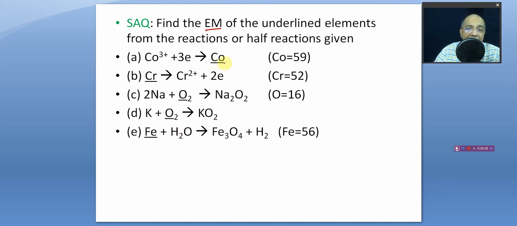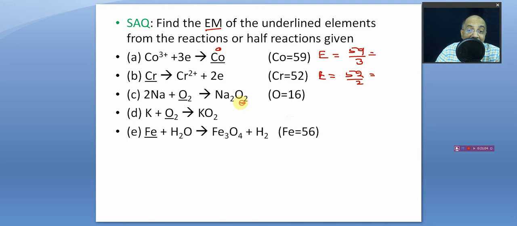We are interested in finding the equivalent mass of cobalt in this particular change, where the number of electrons gained is 3, or the change in oxidation number from +3 to 0 is 3. So in this case, equivalent mass will be equal to atomic mass 59 by 3. And here 2 electrons are involved, so chromium will have an equivalent mass of 52 by 2. You just find out the answer.